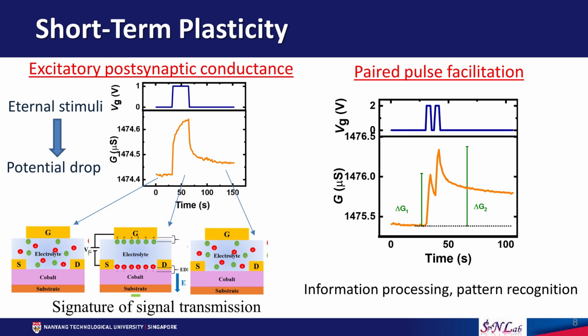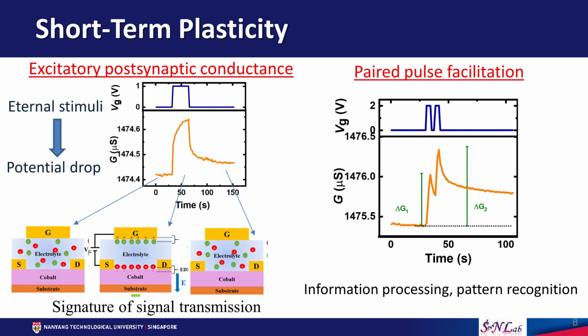In excitatory postsynaptic conductance, we fired a positive gate pulse and we see the channel conductance is excited, and after the pulse removal, the conductance comes down to the initial state. The realization of this function is a signature that signal transmission is actually occurring in the synaptic device.